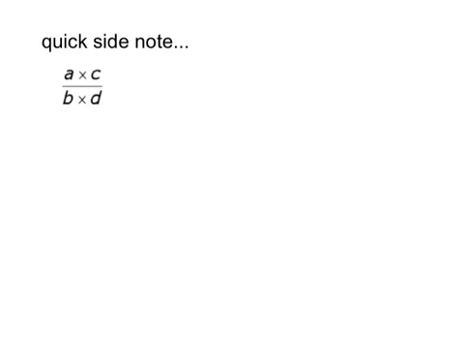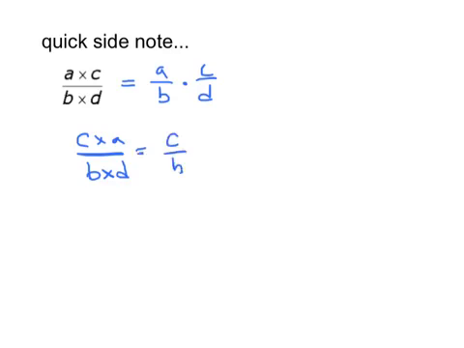So what I can really do is if I have a times c divided by b times d, really I can make this a over b times c over d. Or I could change the order and say c times a over b times d, and then I could get c over b times a over d.